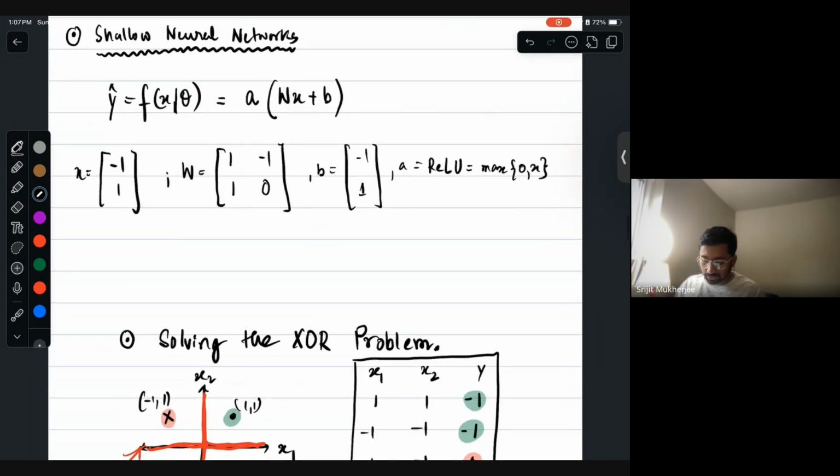So let's see what it will turn out to be. This is a shallow neural network. We can rewrite this output as Wx plus b, and then the activation. This is h. This output is called a hidden layer. This is written together, and this is called a layer. This is hidden.